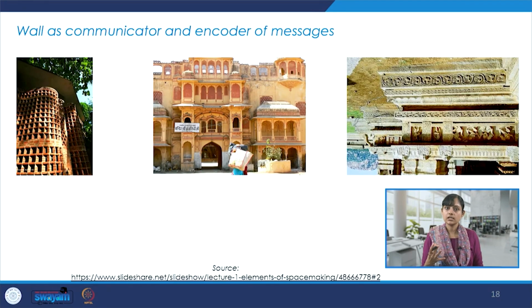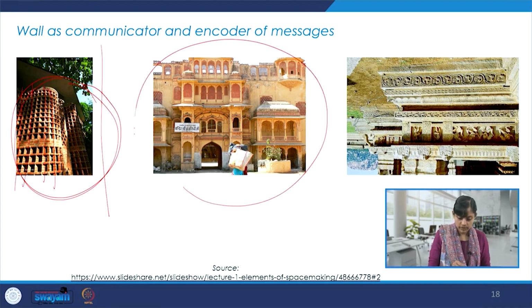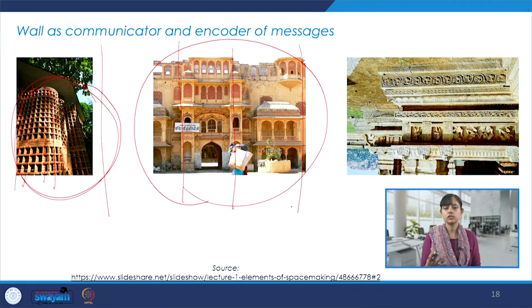Wall also acts as a communicator and encoder of messages. So here again, it's a very sort of a fluid surface over here we see, and this is the brick wall, which is done in a very interesting louvered pattern. This one over here again, lots of messages, history of the place, important elements of a particular architectural style.